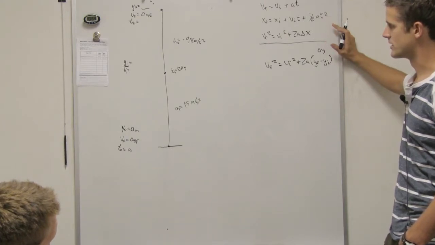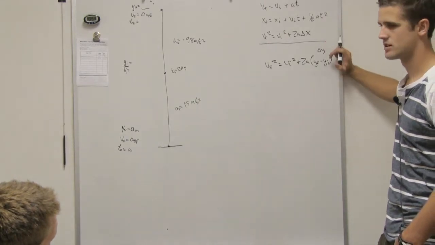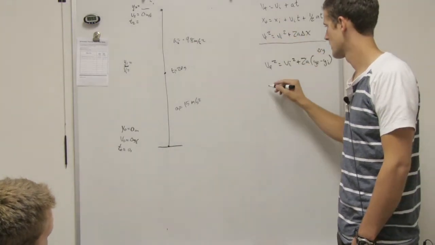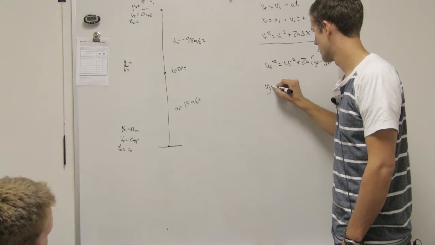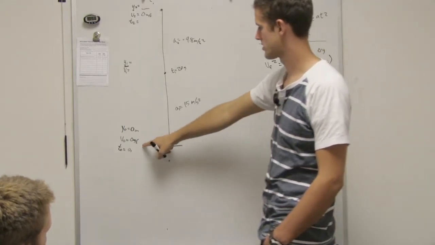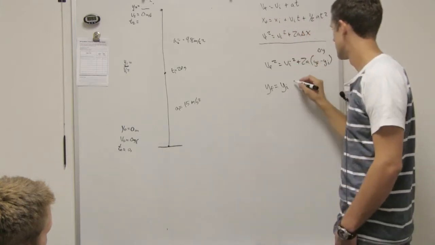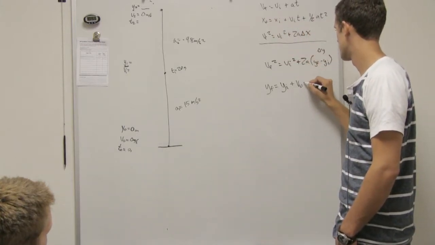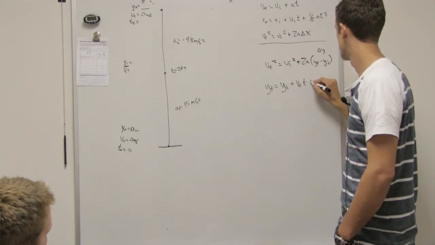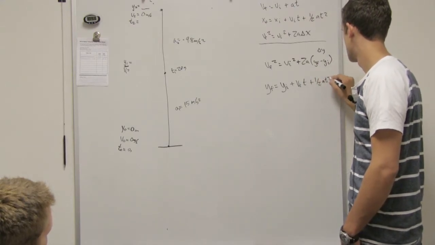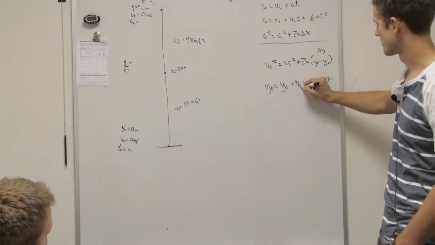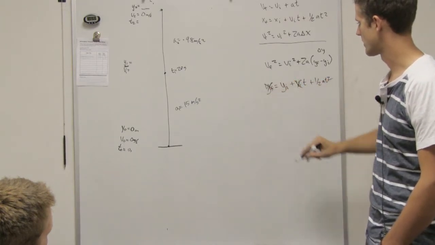So what else do you need in order to use these equations? For this one, we need velocity initial. Do we have a velocity initial? Yeah. So that one's good. This is the one we're looking for.